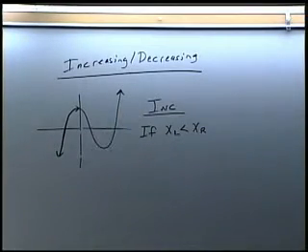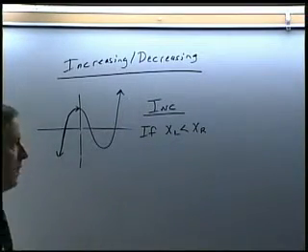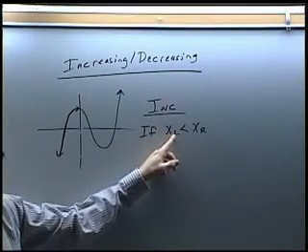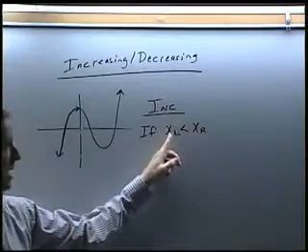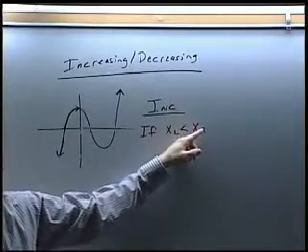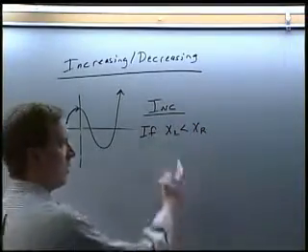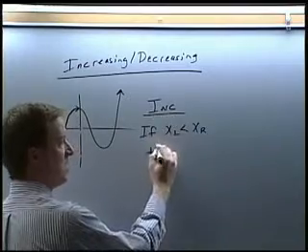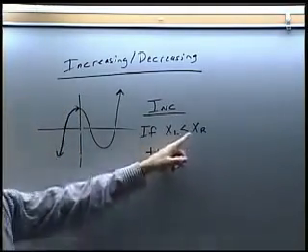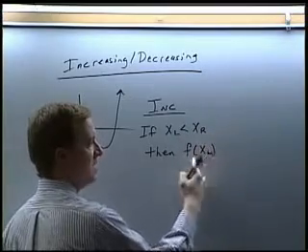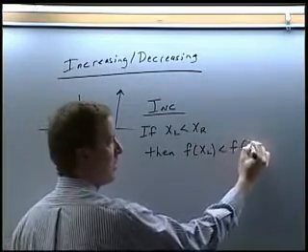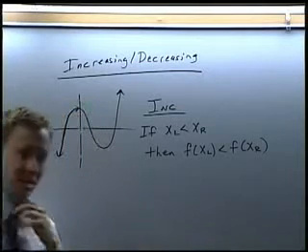Maybe that'll be a little easier to understand here. Okay? So if I pick an x value on the left, smaller than one that's on the right. So I pick here x is 2 and here x is 3, for example. Okay? A graph is increasing if this is true, then the function on the left-hand side, the y value, has to be smaller than the y value on the right side.